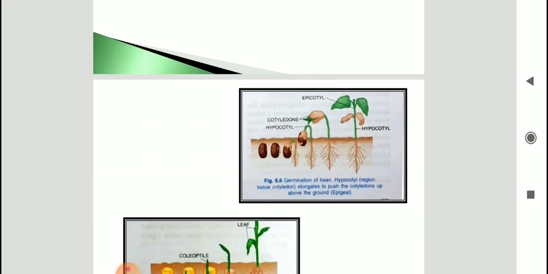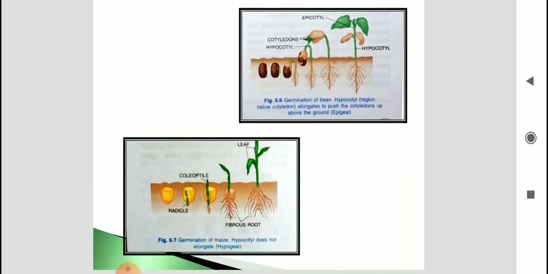Now see these diagrams, children. These diagrams are from your textbook. Alright, so see the first diagram, that is germination of bean, an example of epigeal germination. See children, during the process of seed germination, first of all the seed will absorb a lot of water. This we already know. Water absorption will make the seed swell, and ultimately the seed coat will rupture.